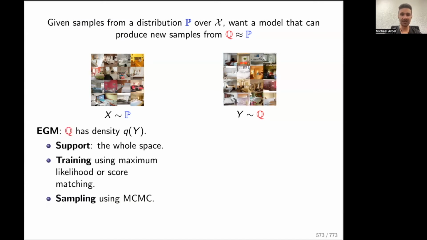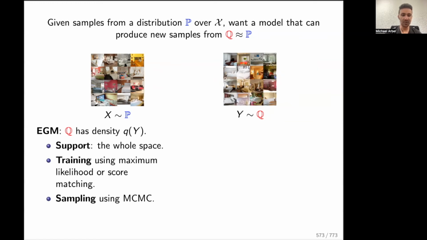There are several ways one could achieve this, and one general method that we can call explicit generative modeling is to define a model Q through some density defined on the data. And this density is parameterized by some vector of parameters that you would like to learn, for instance, using maximum likelihood on the data.